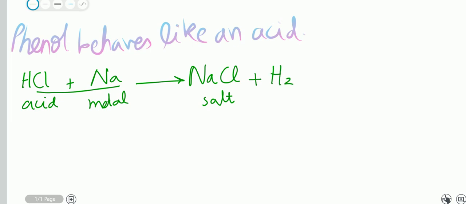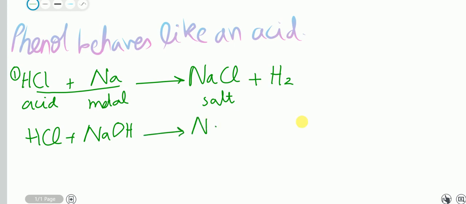This is one reaction. Another is if we react HCl with a base or an alkali, which is sodium hydroxide, we will again form sodium chloride, which is a salt, plus in this case we form water, right?